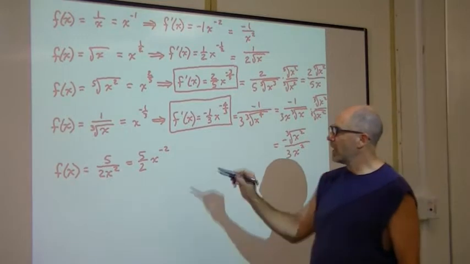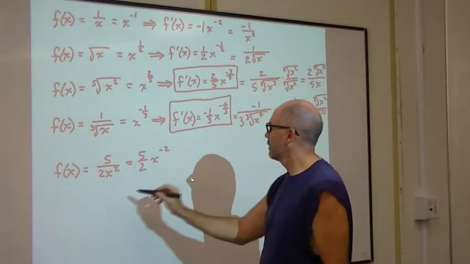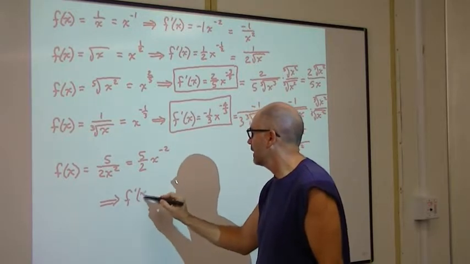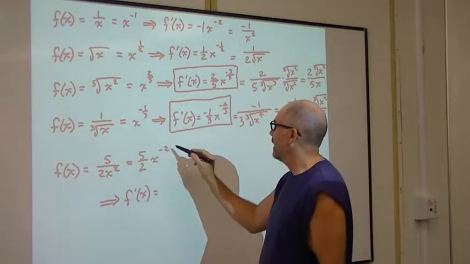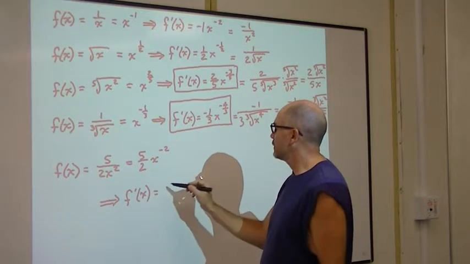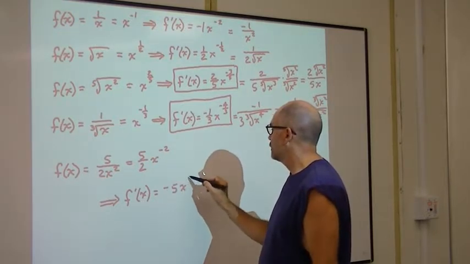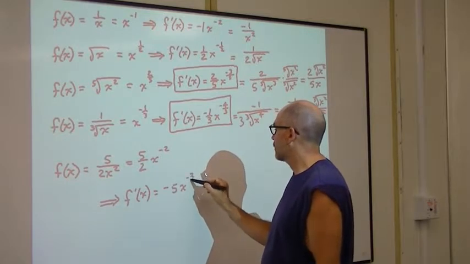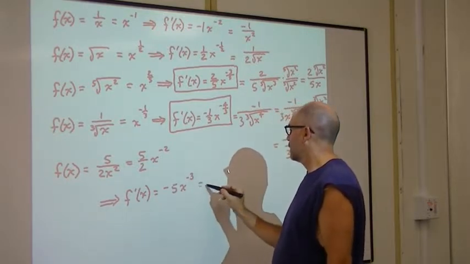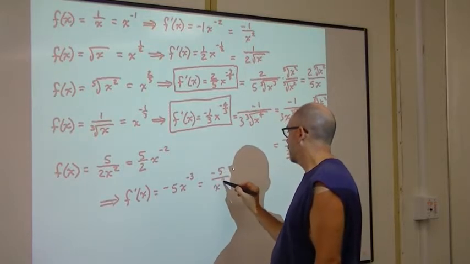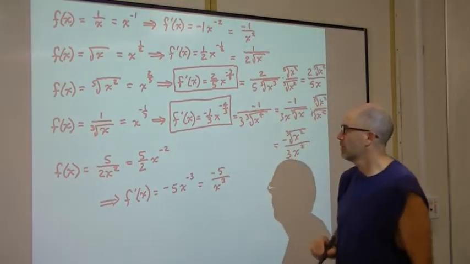All right, now when I take the derivative, f prime of x is going to equal 5/2 times negative 2, which is negative 5, x to the negative 3, which will equal negative 5 over x cubed.